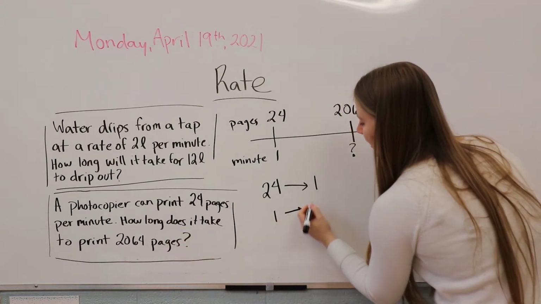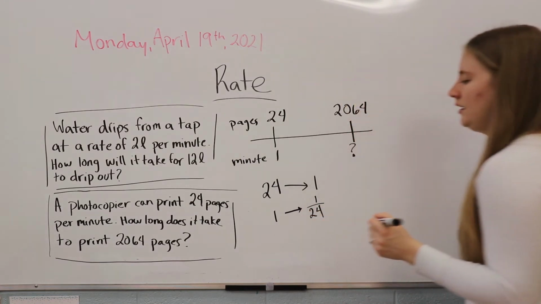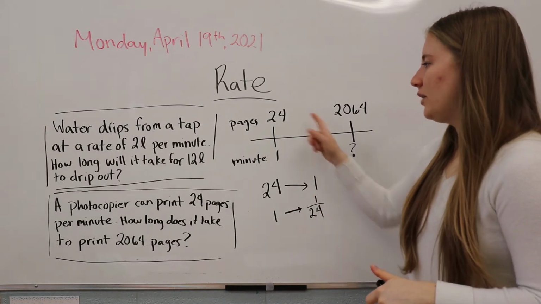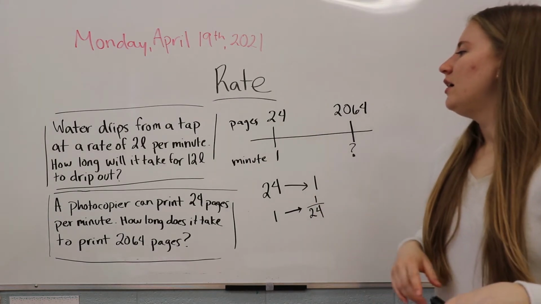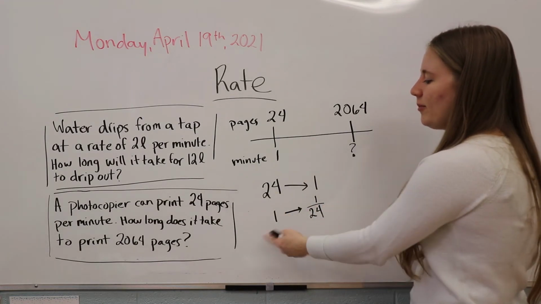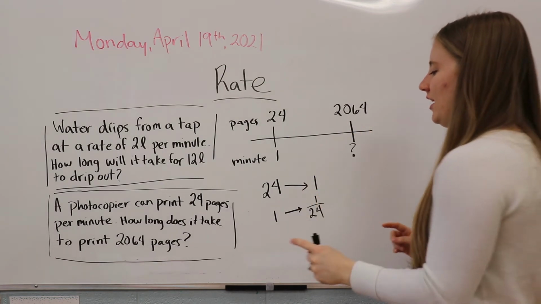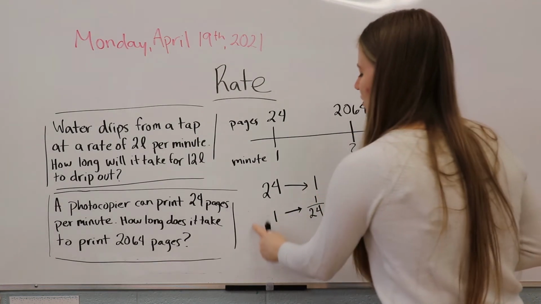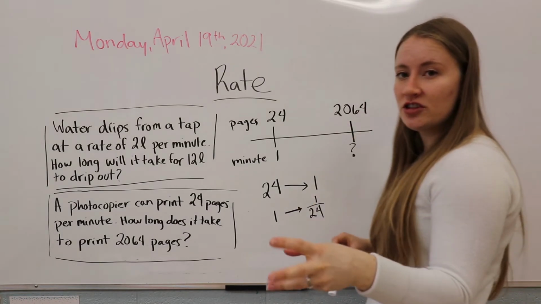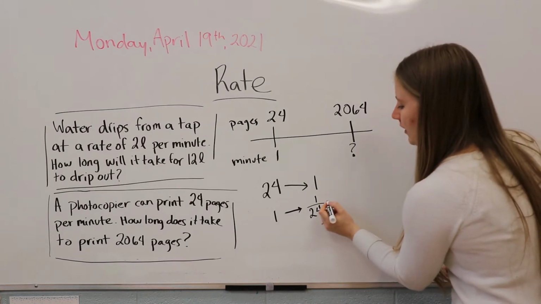Okay, and in order to do that, we have to do 1 over 24. Okay, and so instead of having 24 pages per minute, we're saying that it takes 1/24 of a minute per page. Okay, so you see how the emphasis is switched, right? The relationship focuses on how much time it's taken per page, okay? And it's 1/24 of a minute, okay?